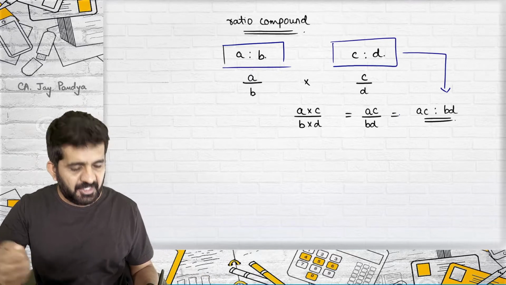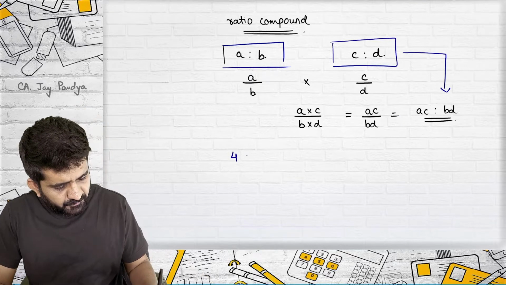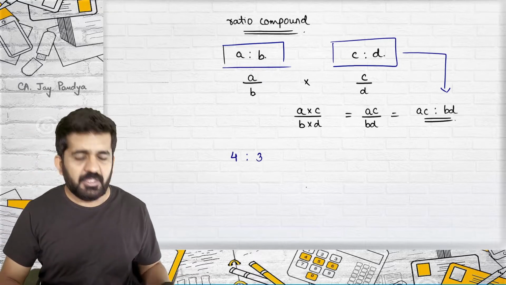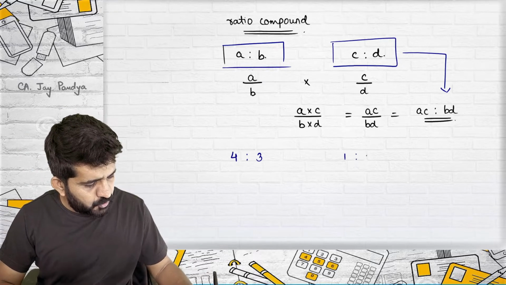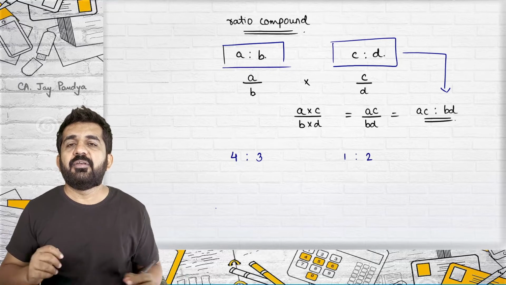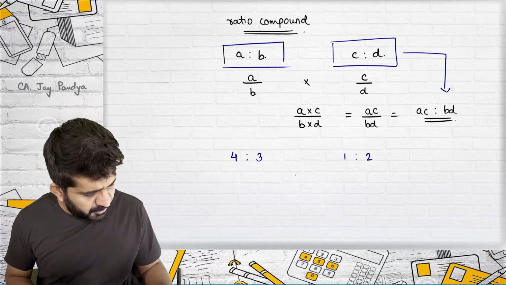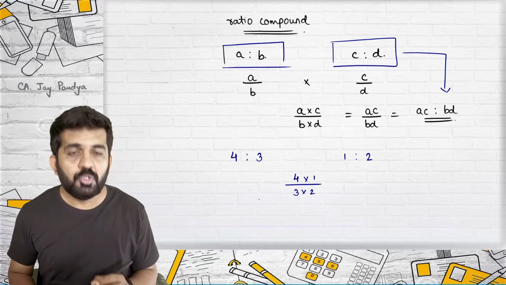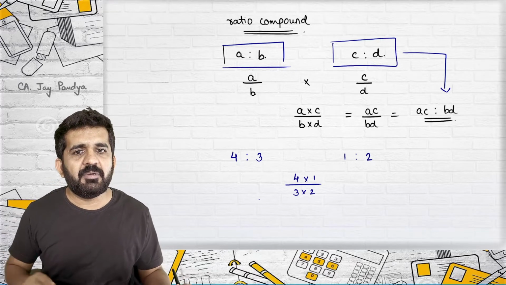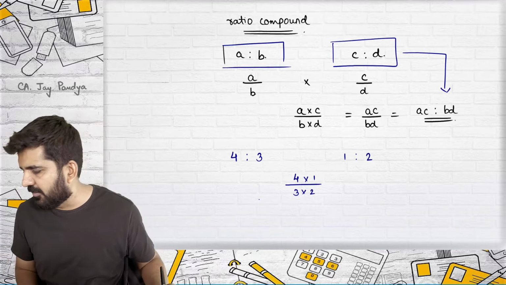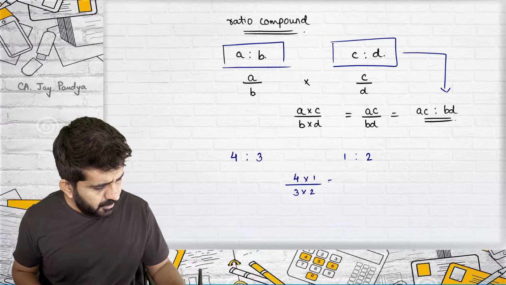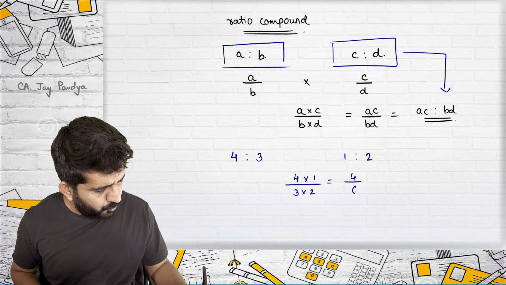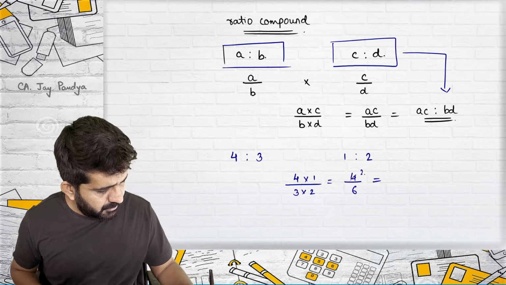If we take it in integer form, say one ratio is 4 is to 3 and another ratio is 1 is to 2. Then ratio compound of these two ratios is 4 into 1 divided by 3 into 2. Both numerators will be multiplied, both denominators will be multiplied. This ratio will be 4 divided by 6.